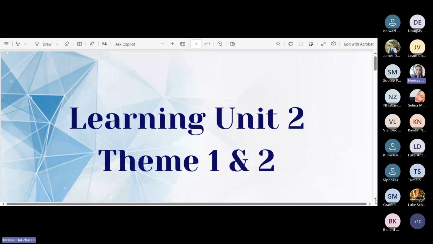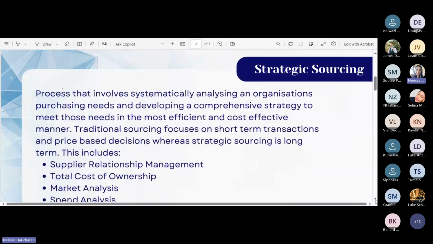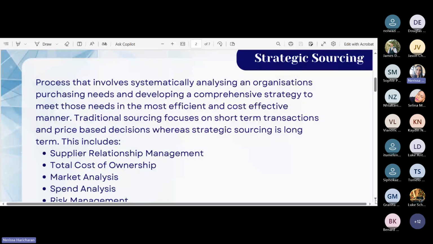Okay, so the first one is strategic sourcing. When we try and understand what strategic sourcing is and the role it plays in supply chain specifically, strategic sourcing is basically a process within supply chain where we analyze a lot about the business's purchasing needs and how they can develop a strategy to meet those needs in the most efficient and cost-effective manner.